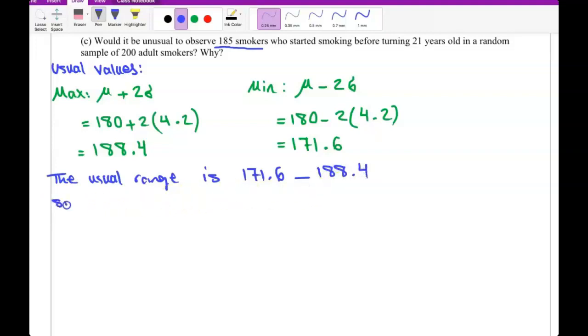So based on that, since 185 smokers is in the range, it is not unusual. Or in other words, that is usual based on this part. So we have usual values.